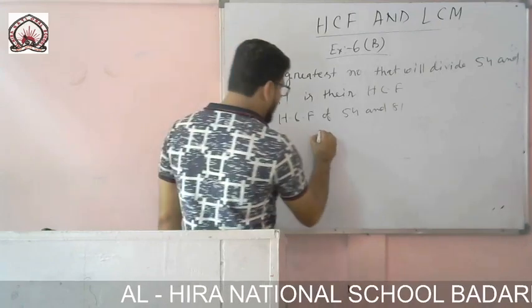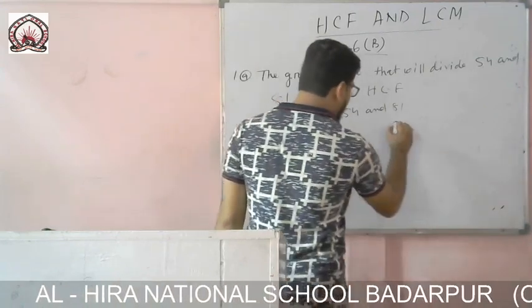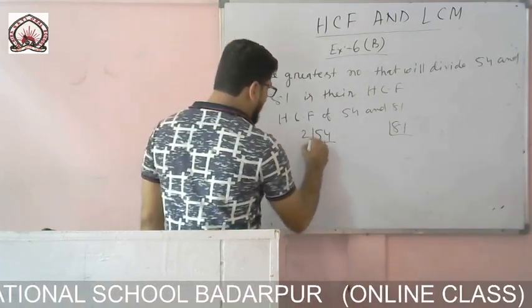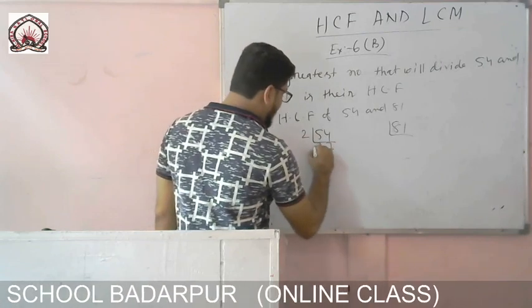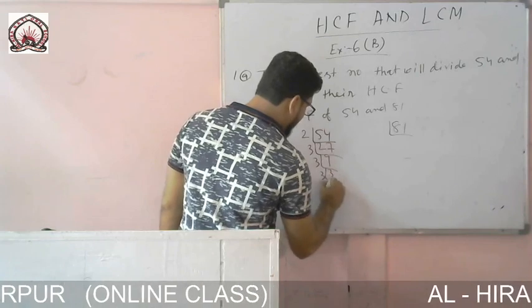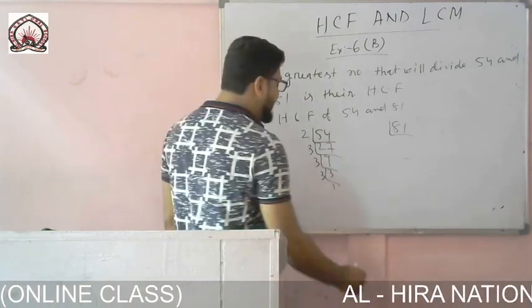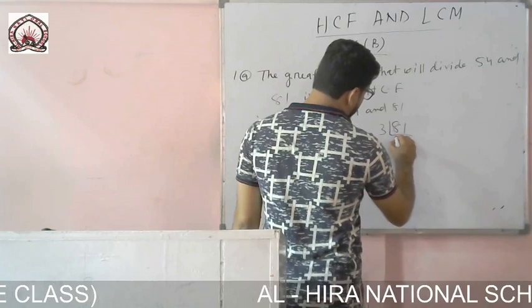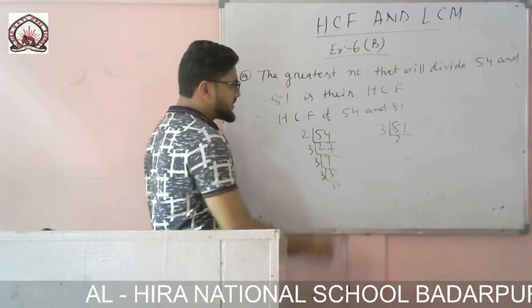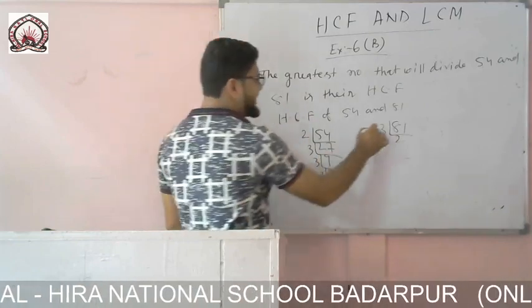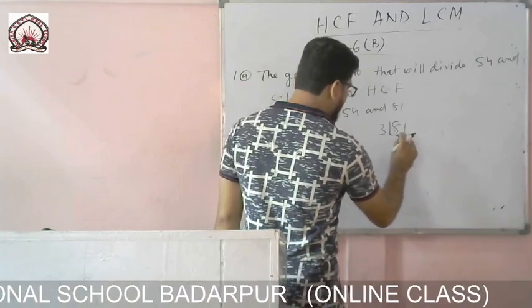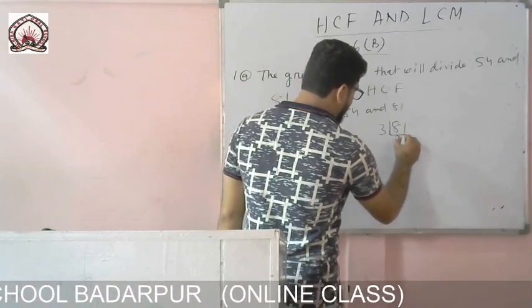So write 54 as like earlier, and 81. Okay. So 54, with 2, 2 2s are 4, remain 2 7s are 14.